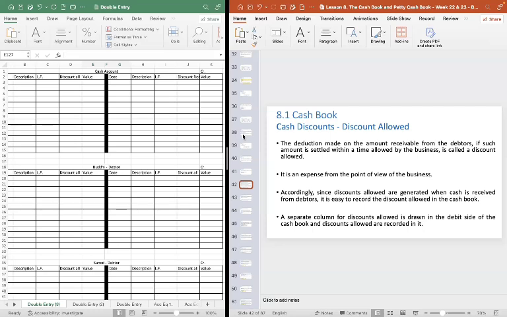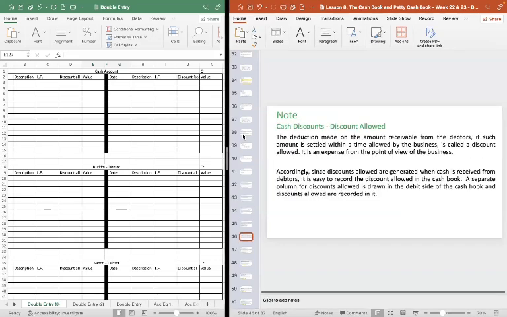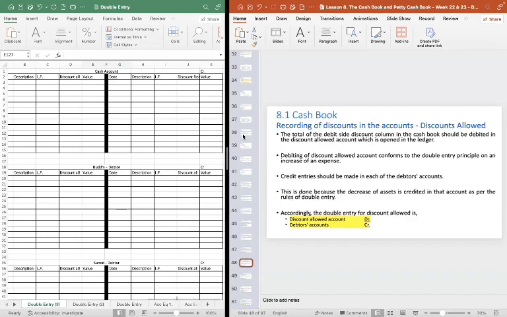Since it is a memorandum column, when we are recording discounts received or allowed in the cash book, it does not pass even a single entry out of the double entry accounting. Okay. So we discussed about this yesterday, and then comes recording discounts in the accounts and how to pass the entries.